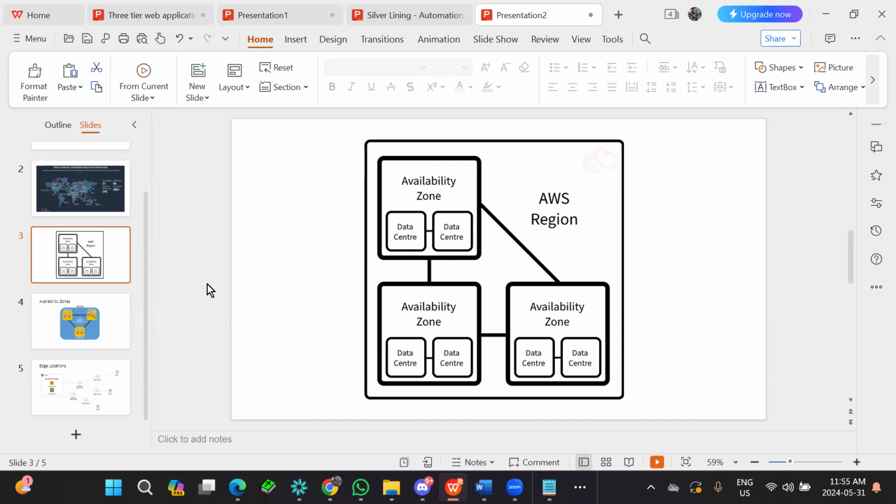And this permits continuous operations and high availability.